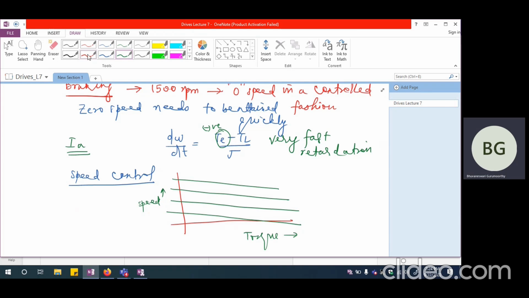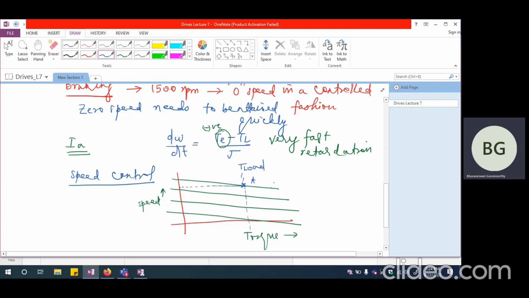Say we want a particular value of torque to be supplied by the motor mechanism to the load. So this is the load torque characteristics. If I want the motor to run at this operating point, I have to ensure that the motor adheres to this kind of operating characteristics.